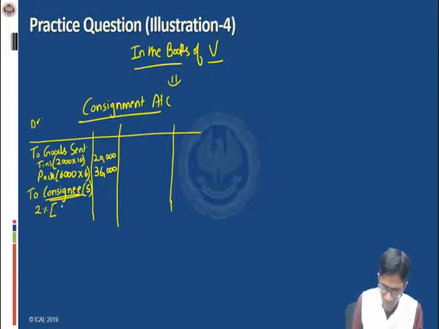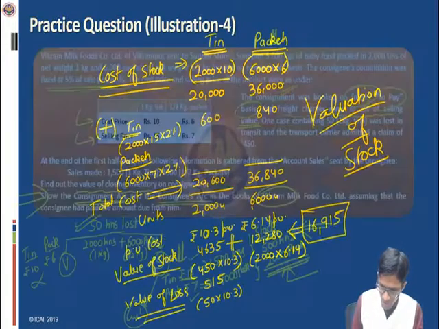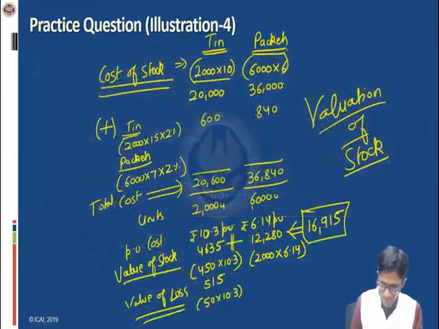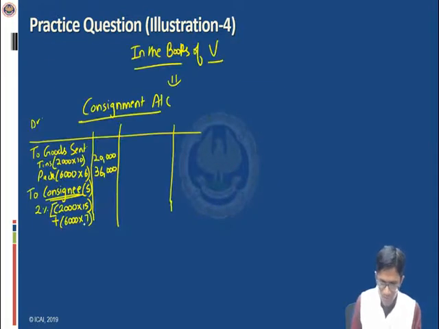Now what is the selling price? Selling price for 2000 tins is ₹15, and for 6000 packets, let me check, 7. So we'll multiply it.